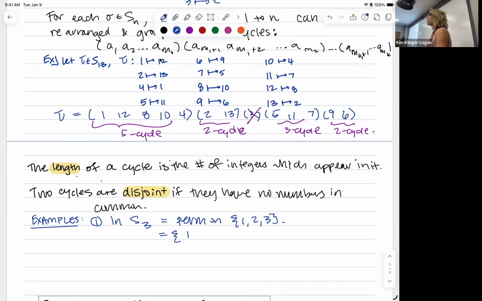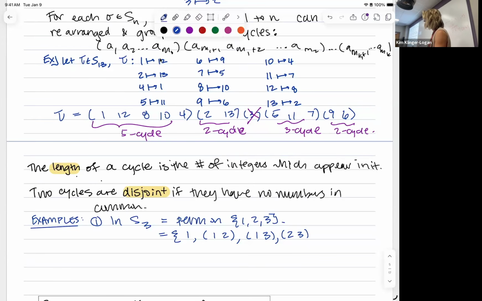Well, there's the identity permutation, which I'll just write as 1, or you could call it I, or whatever you like. There's the thing that swaps 1 and 2 and leaves 3 fixed. There's the thing that swaps 1 and 3 and leaves 2 fixed. And there's one more 2 cycle. What's the other 2 cycle? Swap 2 and 3, very good, and leave 1 fixed.